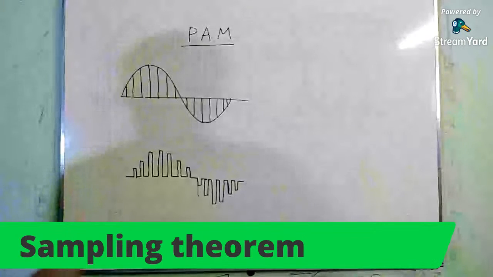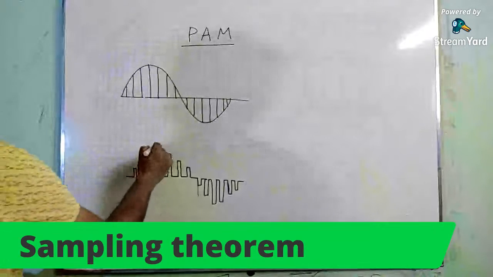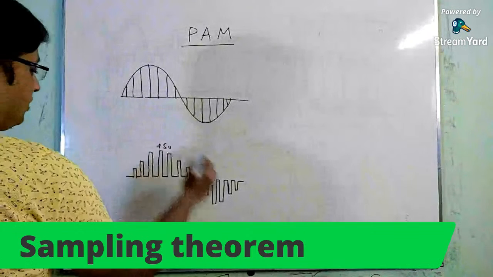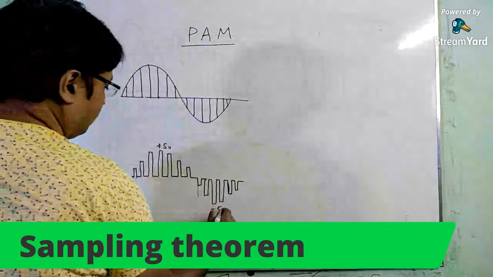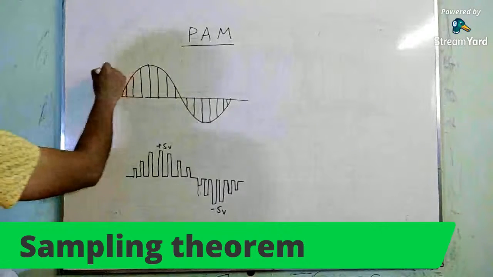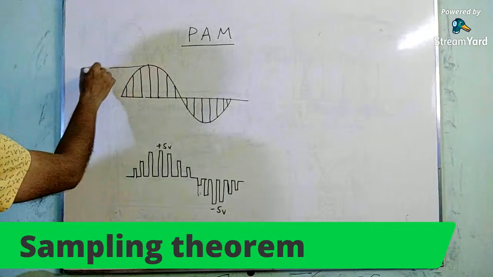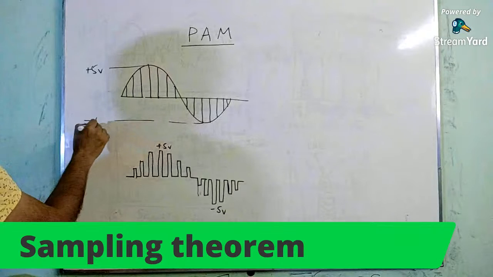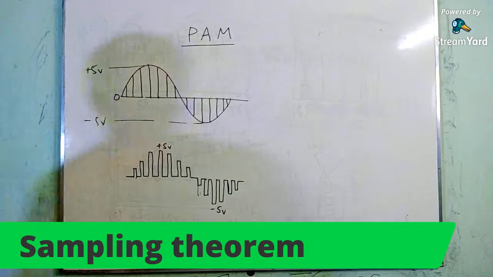Let the maximum value be plus 5 volts and the minimum value be minus 5 volts, so that is the maximum value and the minimum value, let it be 0.